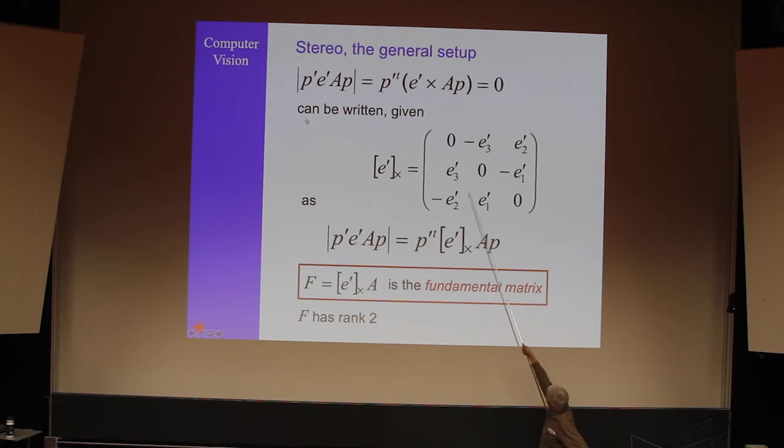So the determinant of that matrix is 0, therefore the determinant of the product of this matrix with another matrix is also 0. Because, as you know, the determinant of the product of two matrices is the product of the two determinants. And if one of the determinants is 0, so is the product. So F has a determinant 0. It has rank 2. It's rank deficient. It's maybe a 3 by 3 matrix, but it has only rank 2.